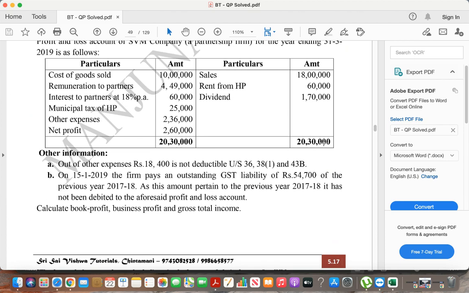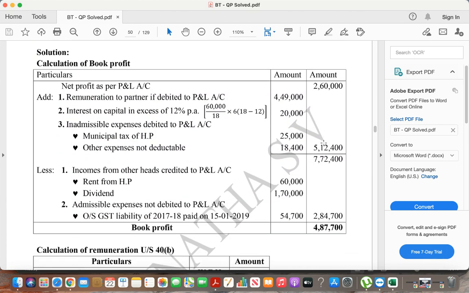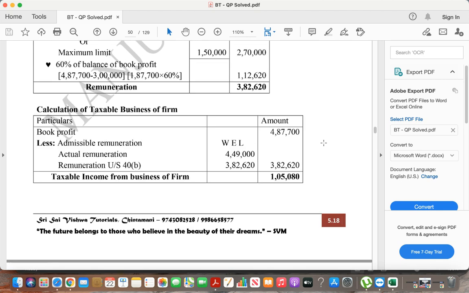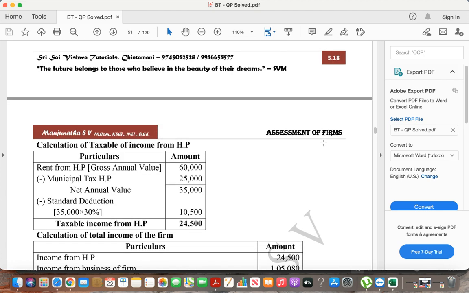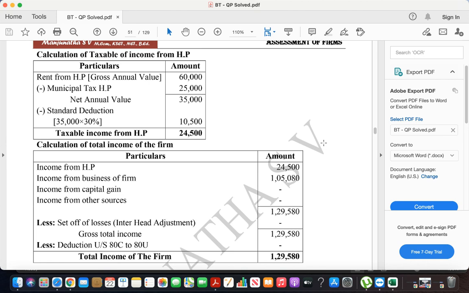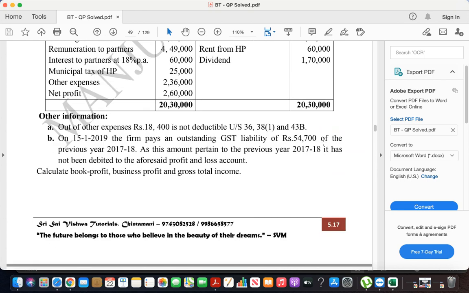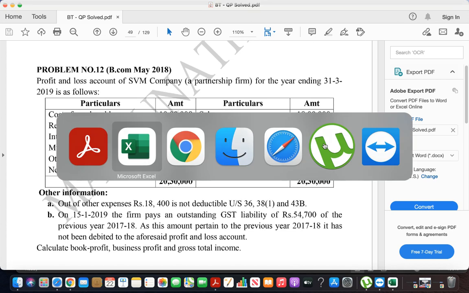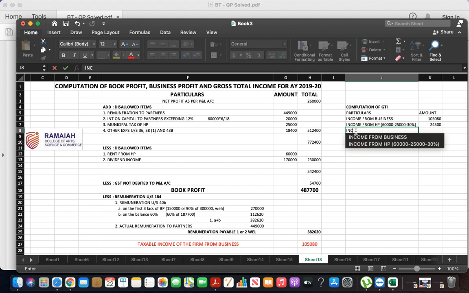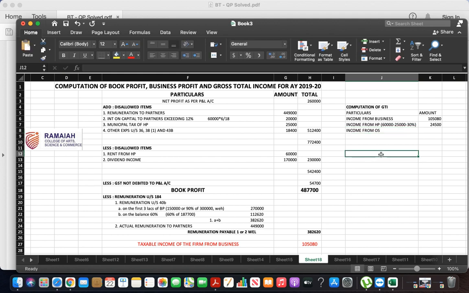Okay, next one. Dividend. And this dividend we don't know whether it is earned from an Indian company or a foreign company. Income from other sources. So it is treated as dividend from Indian company.